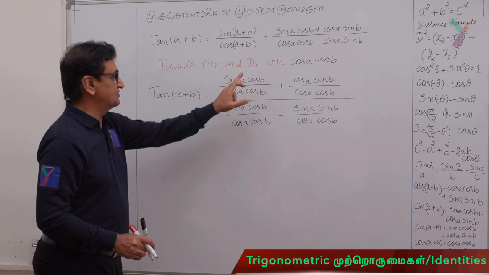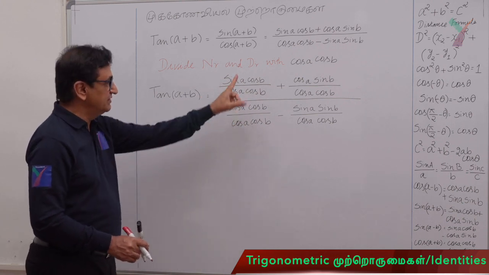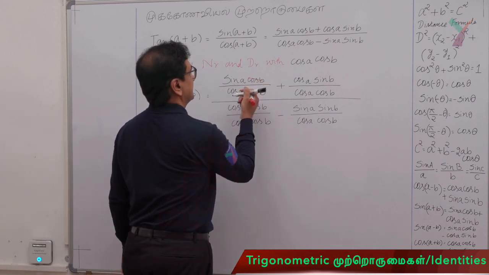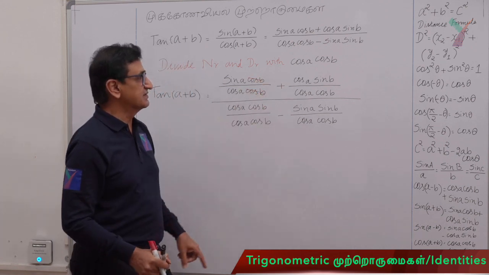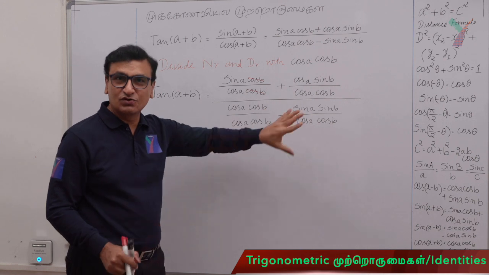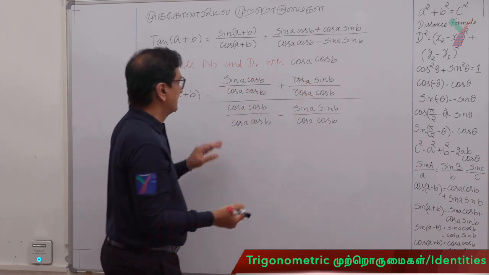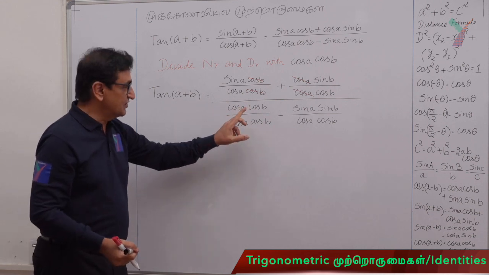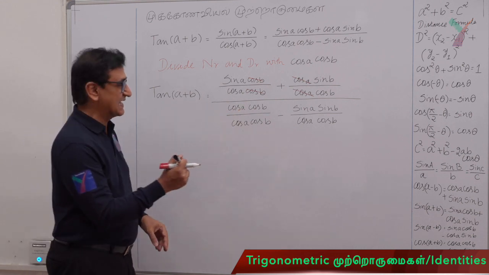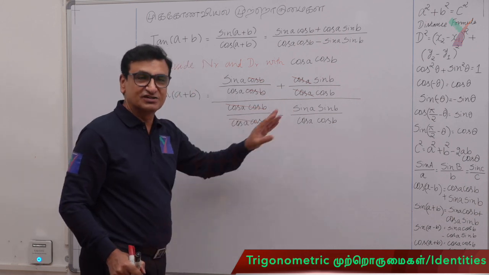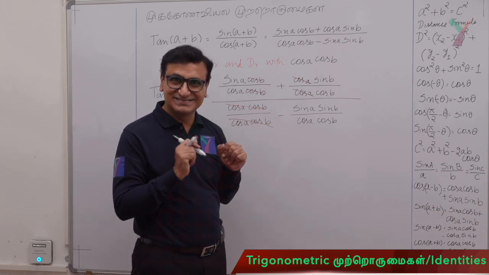sin A cos B, cos A cos B. So in the term cos B cancel ஆயிடுமா? இந்த term எடுத்துங்க cos A by cos A, so cos A gets cancelled. இந்த term எடுத்துங்க cos A cos B, cos A cos B, so the whole thing gets cancelled. So you have just one here. இந்த term எடுத்துங்க எதுவும் cancel ஆகாது.